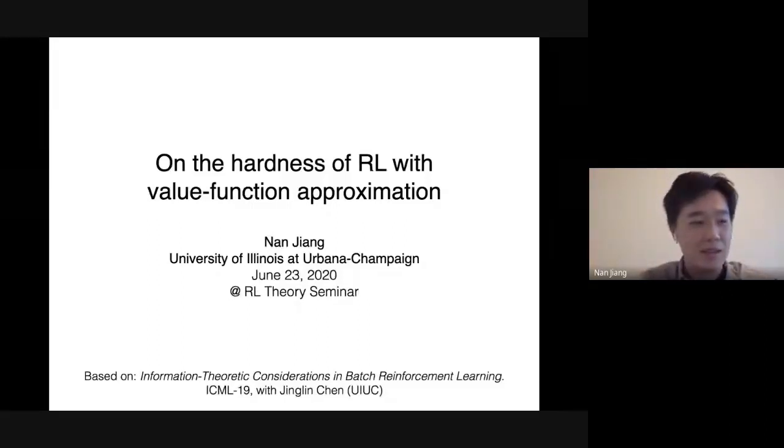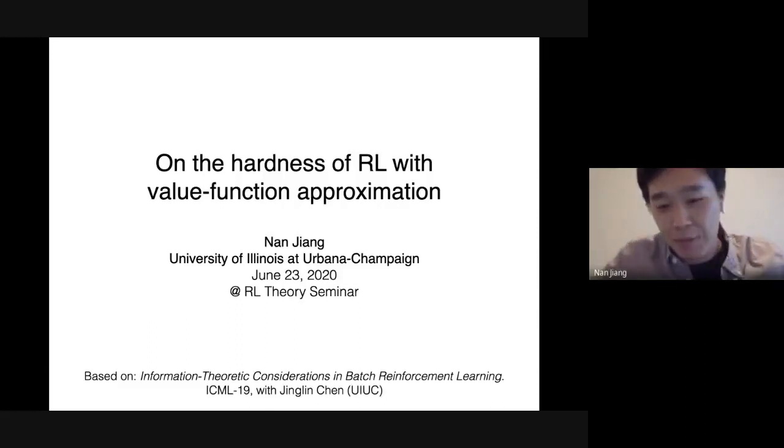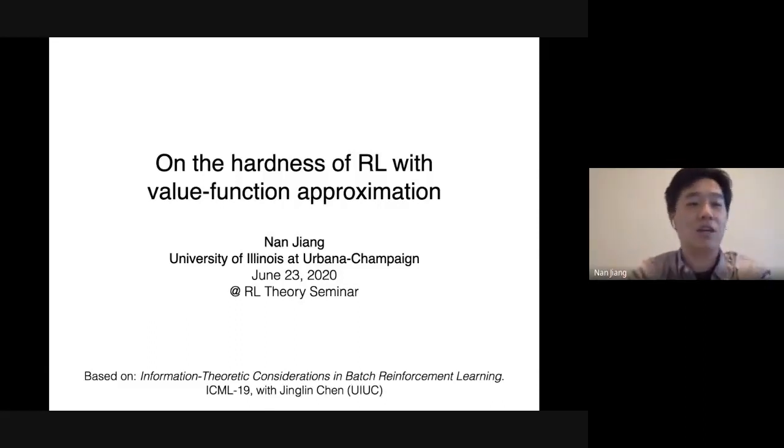Thank you. I would like to thank Kara, Chava, and Gergo for organizing this wonderful event and having me here. So today I'll be talking about some results on batch value function approximation, which is based on an ICML paper last year, Information-Theoretic Considerations in Batch RL.